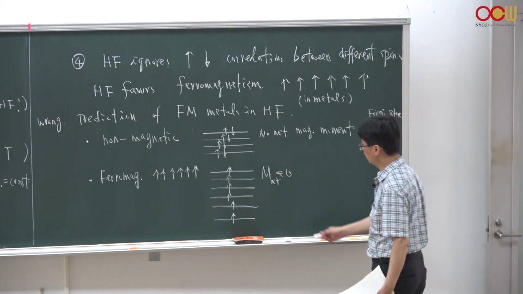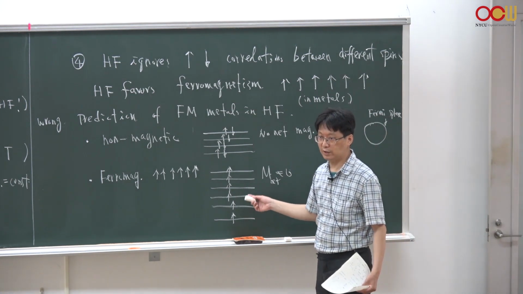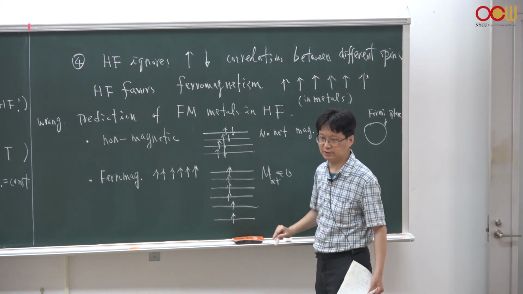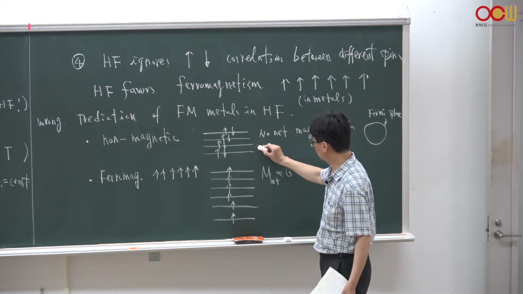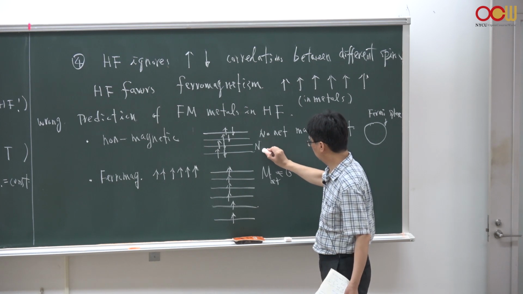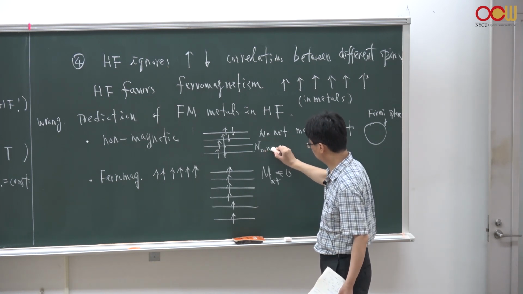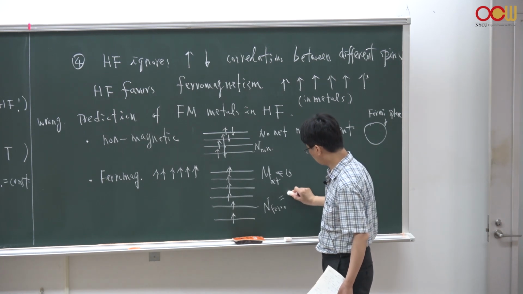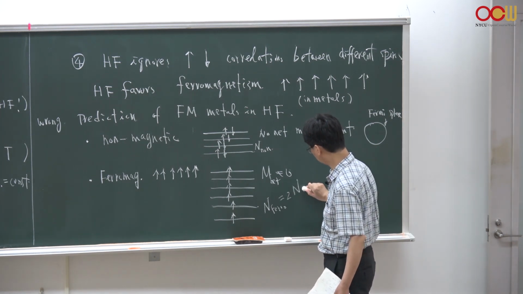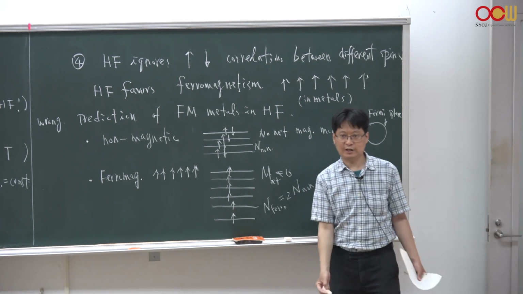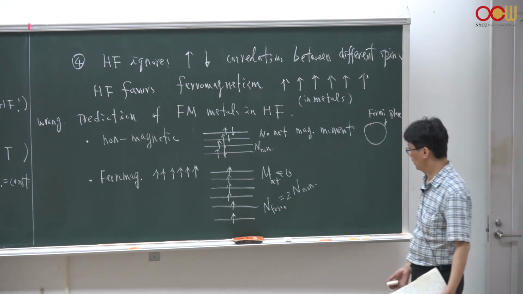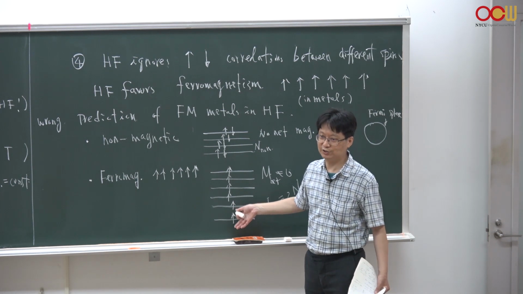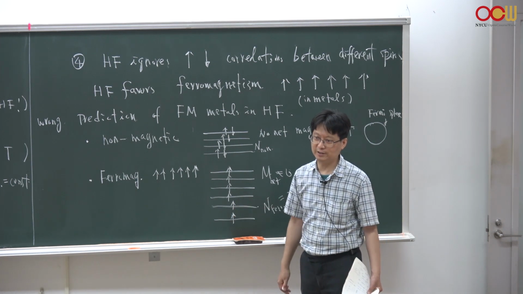But in such a case, you need twice as many states as this non-magnetic case, because now the energy levels, say this is N non-magnetic and this is N ferro. The N ferro is actually 2 times N non-magnetic, because the total electrons are the same, but they just don't want to have neighbors. They just want to take a seat by themselves.